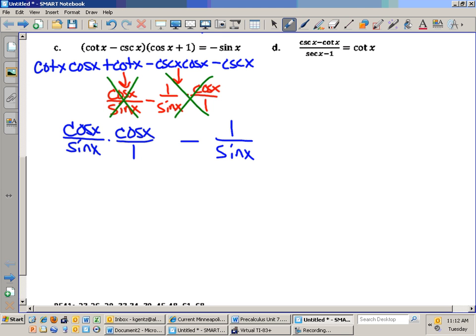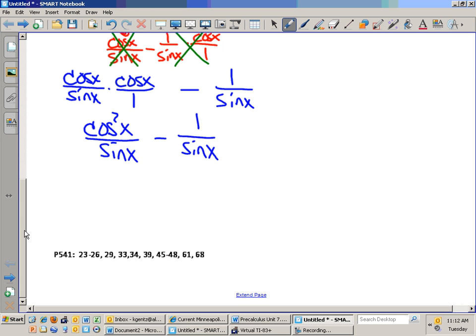So what does the left portion here give me? So I have two fractions. Do they have the same denominator? So I have cosine squared of x minus 1 over sine of x.